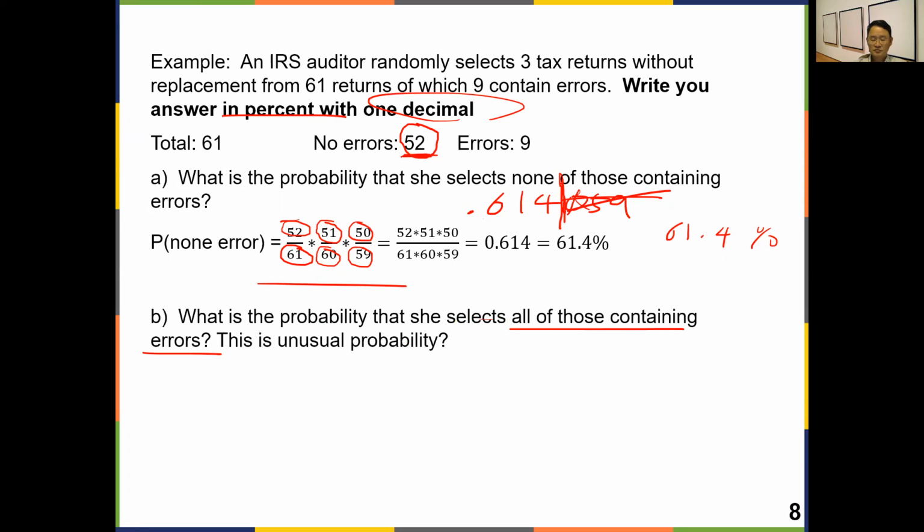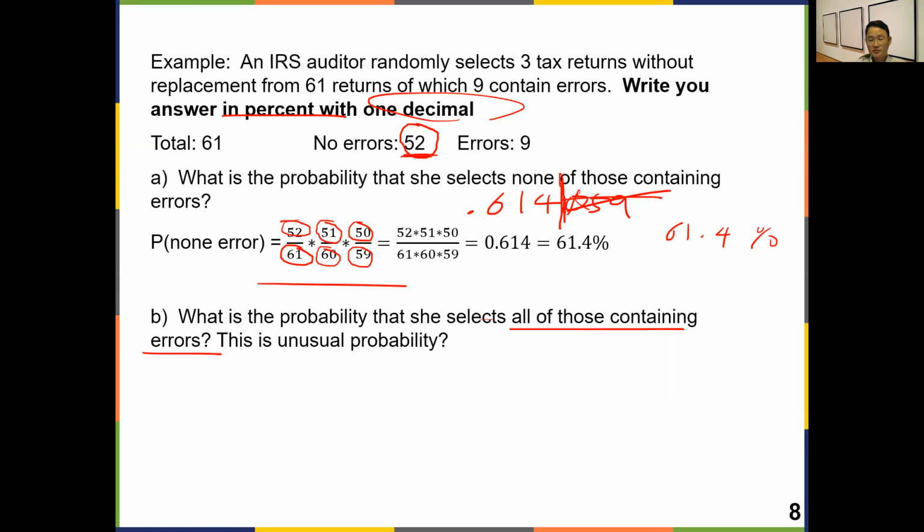So try it right now. First one is error. The second one is error. The third one contains error.